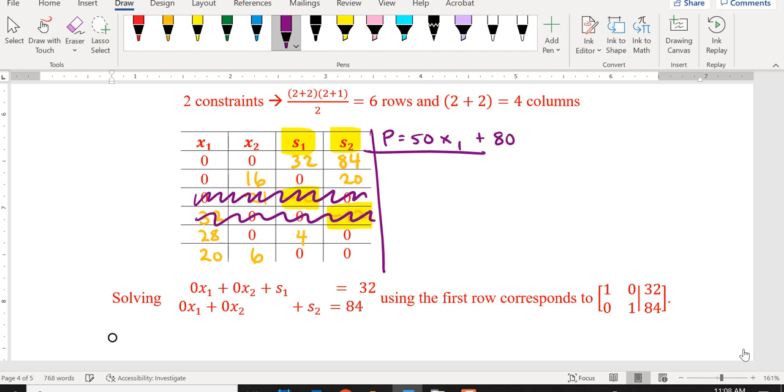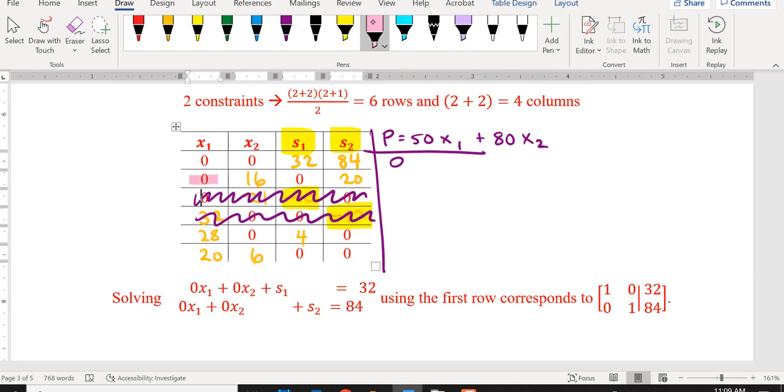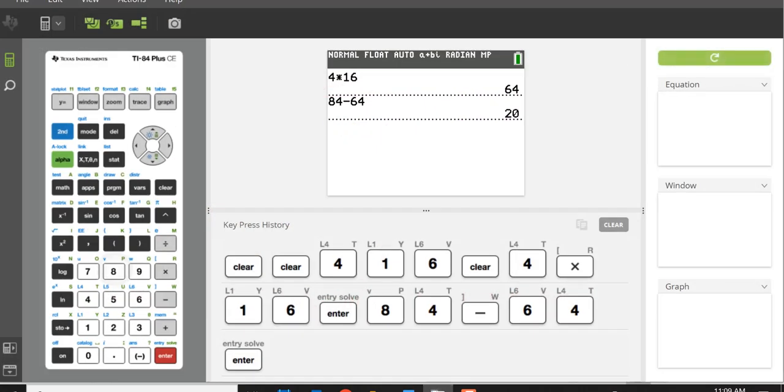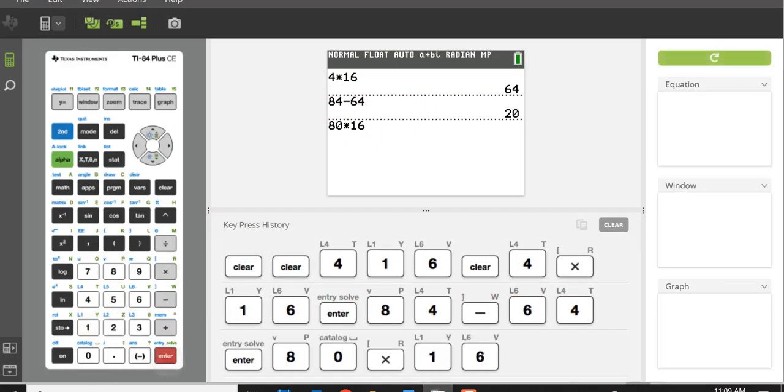When you plug in 0 for x1 and 0 for x2, what is your P? 0. If you plug in 0 for x1 and 16 for x2, what's 80 times 16? 1,280.